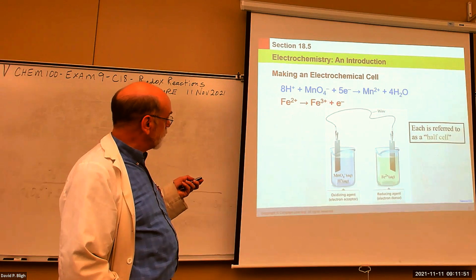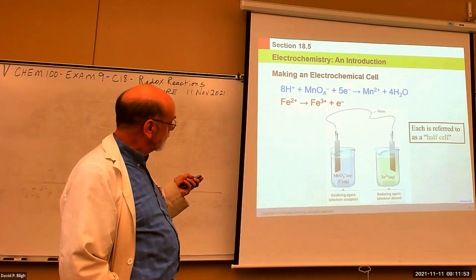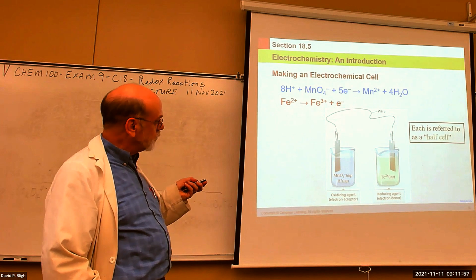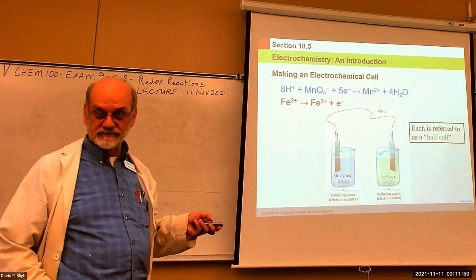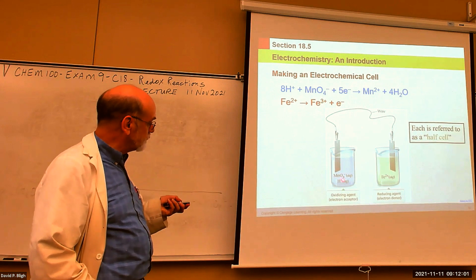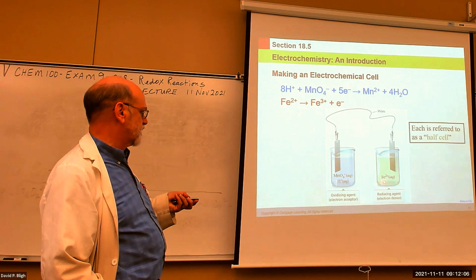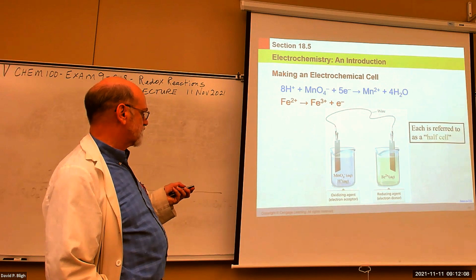And the electrons that are transferred from this species to that species have to go through an external wire. Those electrons are transferred, let's see, actually from this side to that side.